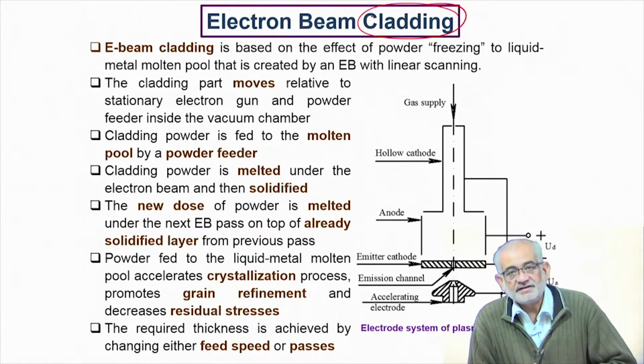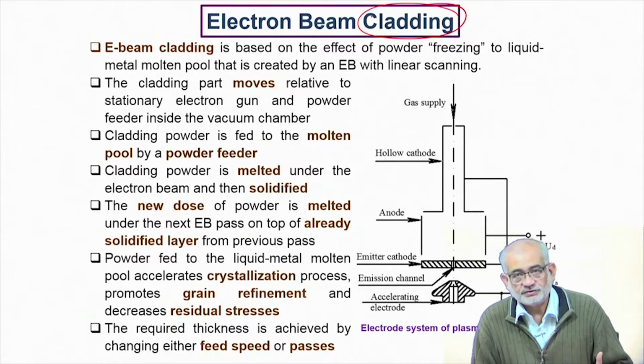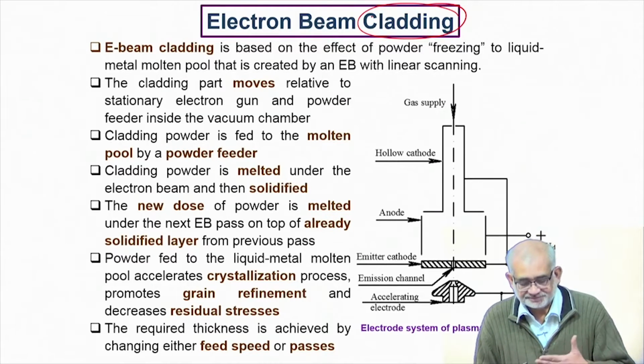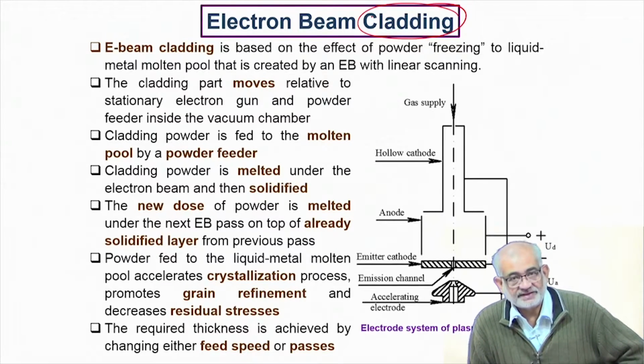And this means that, for example, the worn parts of a very expensive tool or shaping tools, maybe a cutting tool, or maybe a nozzle, or maybe even a gear, if it doesn't make sense to throw away or replace with a new one because the component is a very expensive one, then one can actually try and clad the same alloy composition or a different alloy composition by using electron beam as a source of heating and melting.